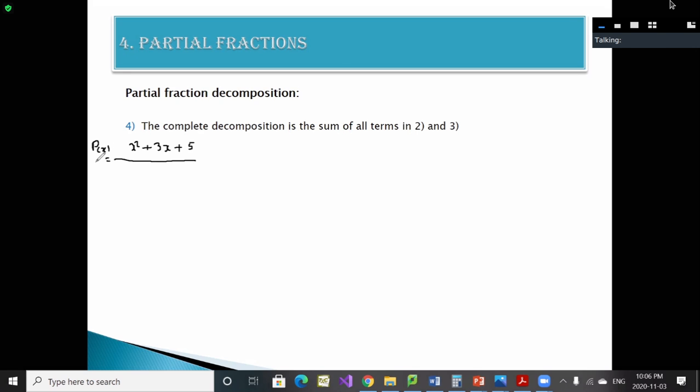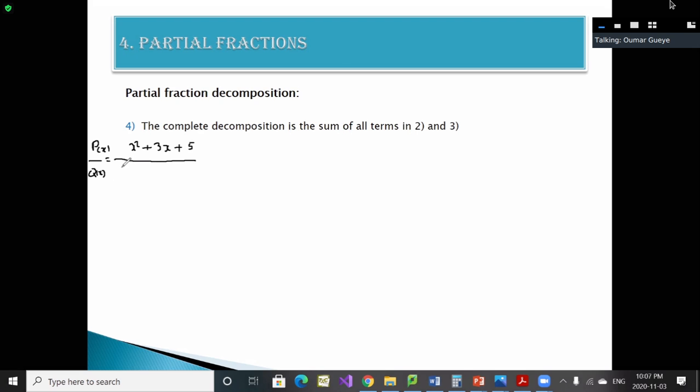And then the denominator. These two functions always exist: you have a polynomial over a polynomial. This is the first condition before applying the partial fraction decomposition. Let's suppose the denominator is already factorized.